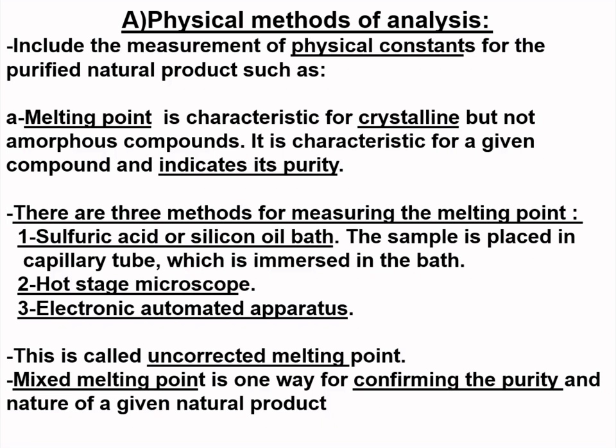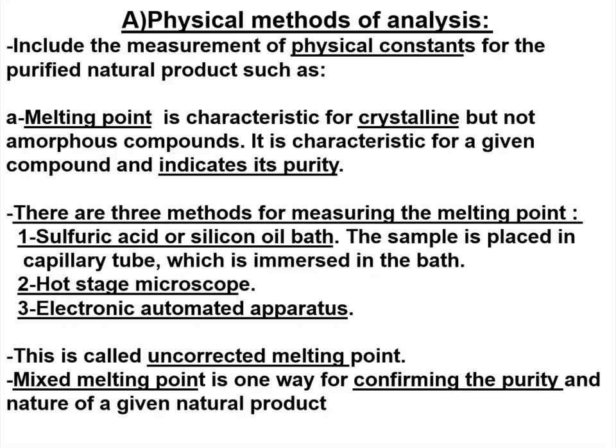Several methods exist for melting point determination, including the sulfuric acid or silicon oil bath, the older method. More recent methods include hot stage microscope or Kofler microscope. Third method, more recent, electronic automated apparatus.